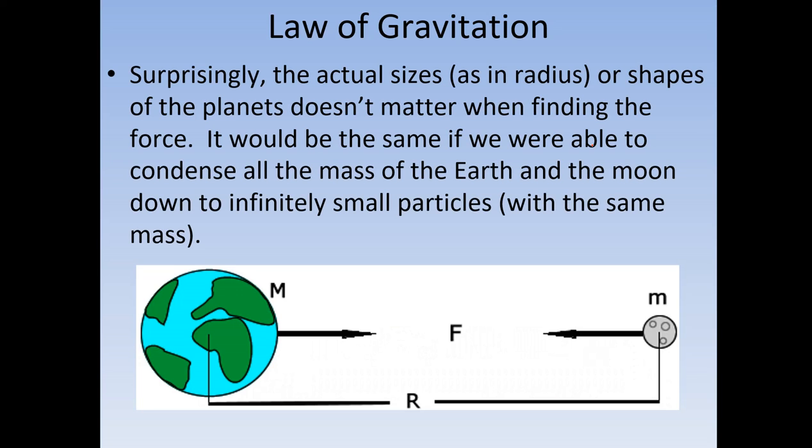Now, one thing that I want to point out is that if you're talking about the force between planets, the size of the planet actually doesn't affect its gravity. So the gravitational force between the moon and the Earth we found was about 2 times 10 to the 20th. If we actually took these two objects, the moon and the Earth, and condensed them into a small sphere, much smaller than themselves, but made sure that they kept their mass, they would still feel the exact same force.